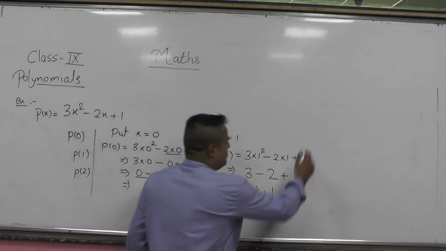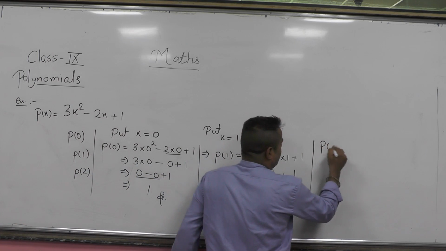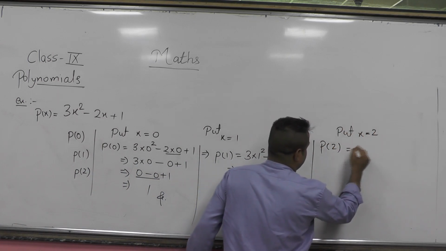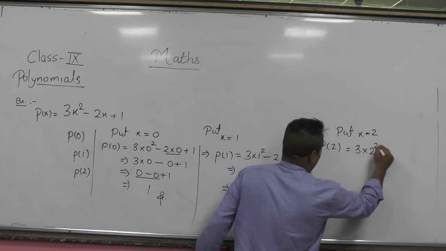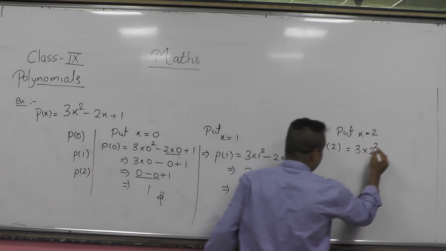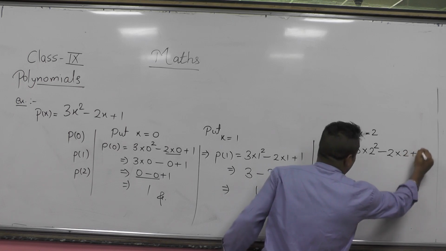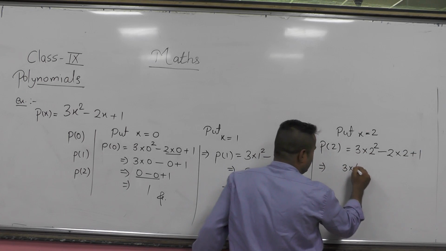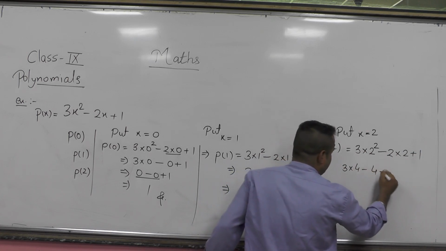Now we'll try with P2. How to get P2? We are putting x equal to 2. Yes, correct. 3 into 2 square in the place of x, minus 2 into 2 plus 1. Here 2 2s are 4, 3 4s are 12. I will write it in the next step.